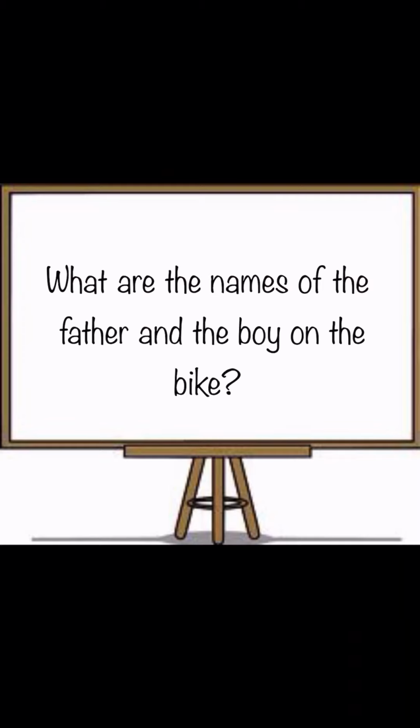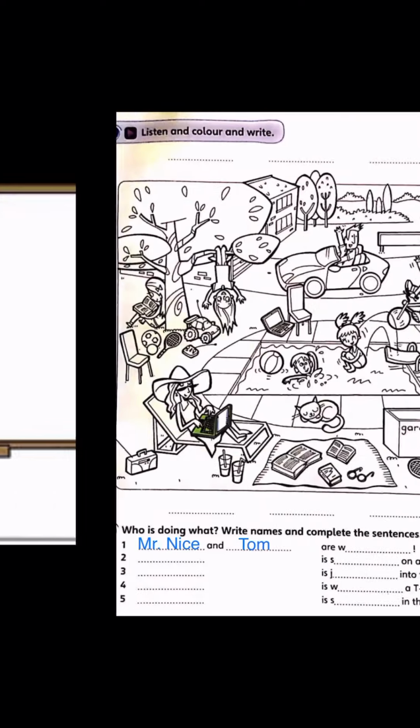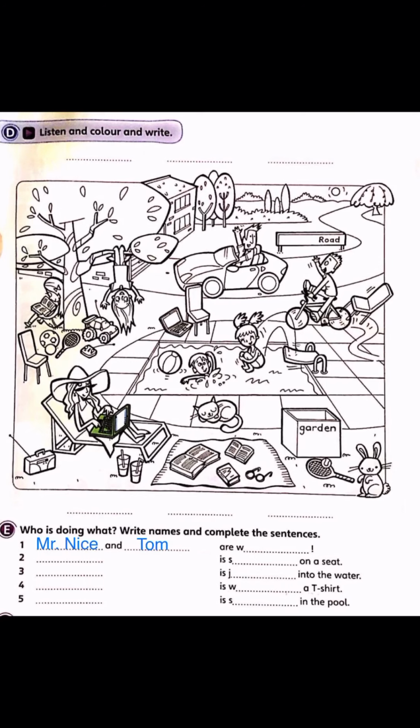What are their names? What are the names of the father and the boy on the bike? The answer is Mr. Nice and Tom. Perfect. Now, Mr. Nice and Tom, what are they doing? What are they both doing?